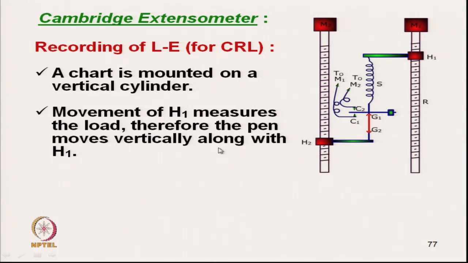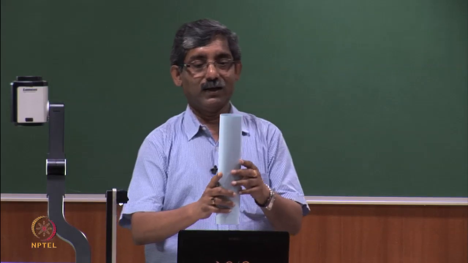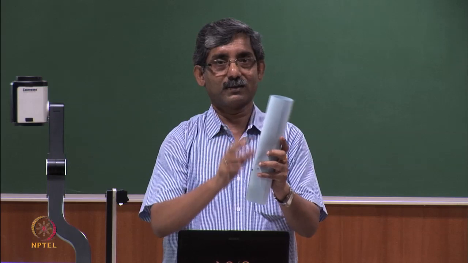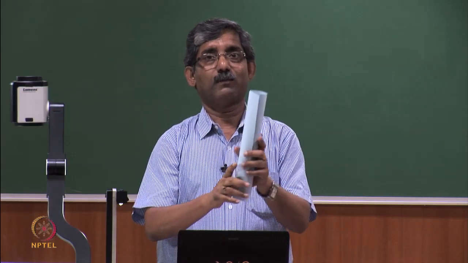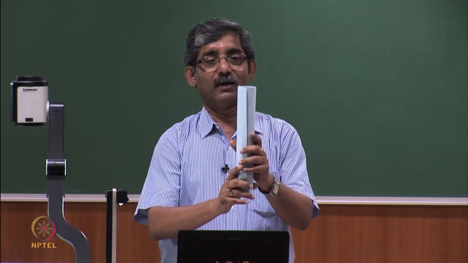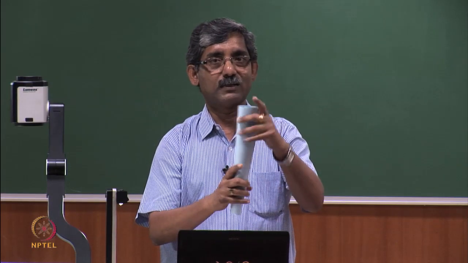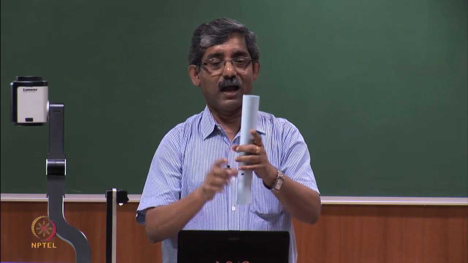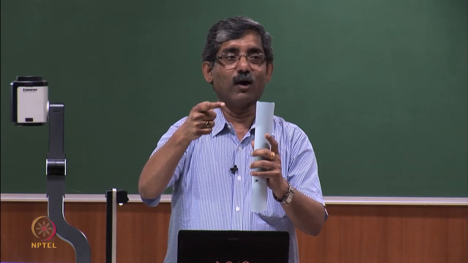Suppose this is a cylinder and the graph paper is placed on it. The rotation is given by M2, and the vertical motion is given by M1.